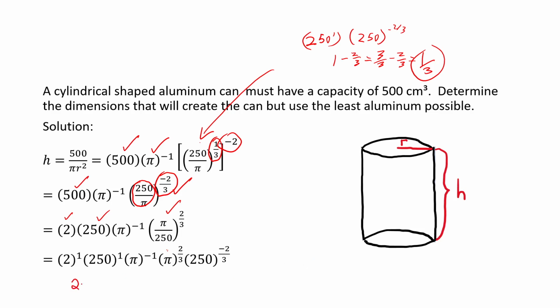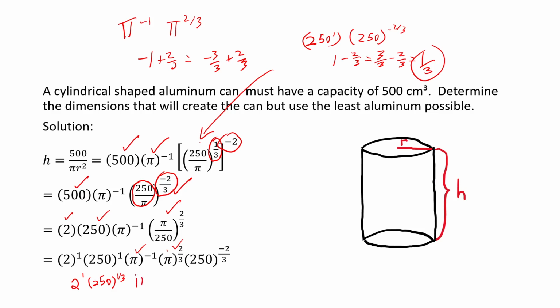So I can re-express the exponent on 250 as being 1/3. So I'll call this 2 times 250 to the 1/3. And now I need to look at these factors of pi. I've got a pi to the negative 1, and I've got a pi to the exponent 2/3. I can evaluate that by simply adding those exponents. Negative 1 plus 2/3 is the same as negative 3/3 plus 2/3, which is negative 1/3.